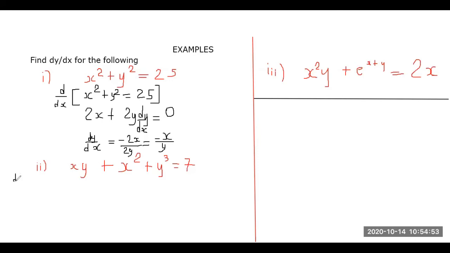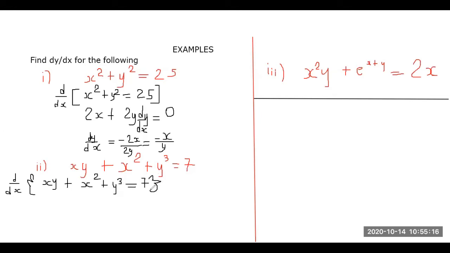So we need to differentiate both sides first. So we're finding d by dx of xy plus x squared plus y cubed equals 7.